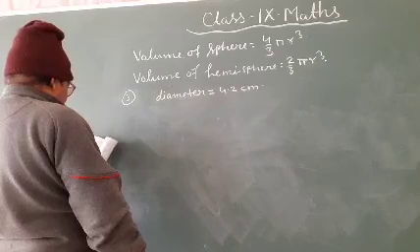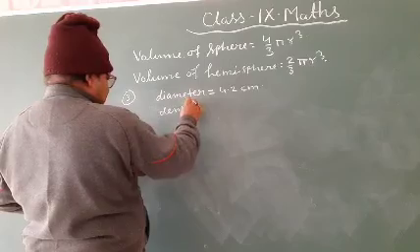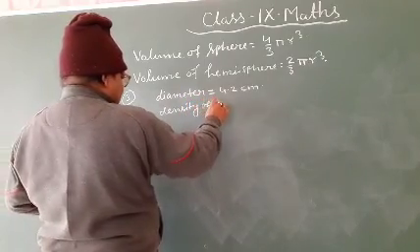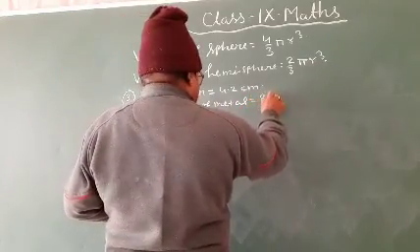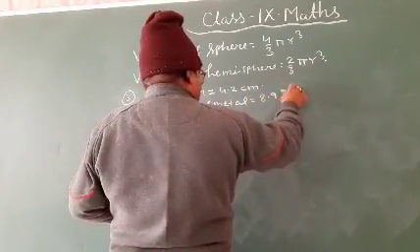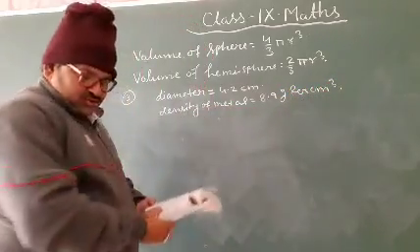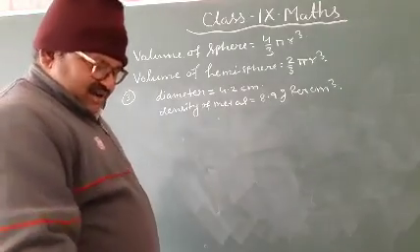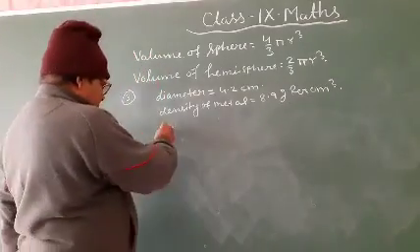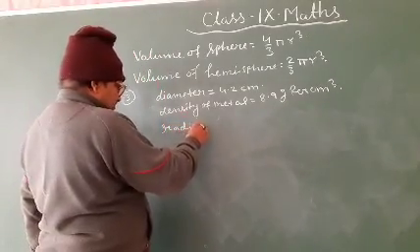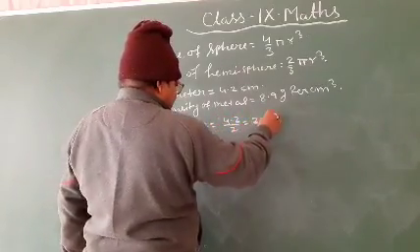What is the mass of the ball if the density of metal is 8.9 gram per centimeter cube? So first we find the radius. Radius is 4.2 by 2, that's equal to 2.1 centimeter.